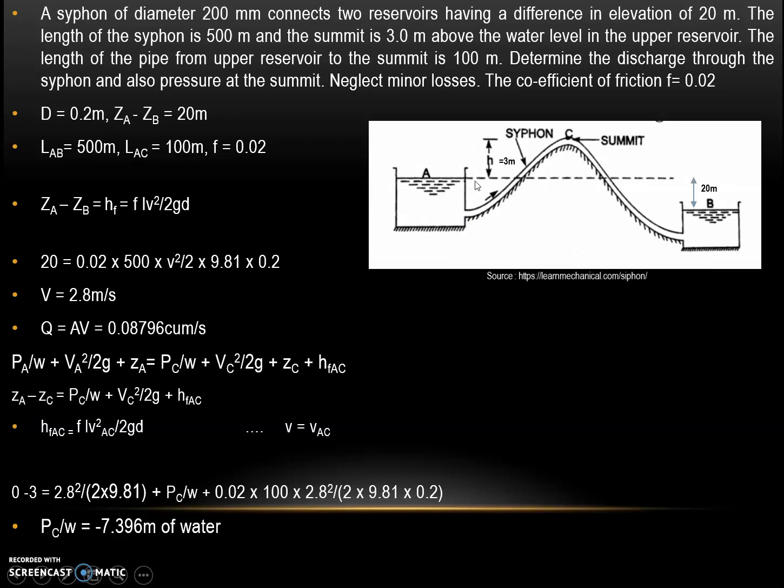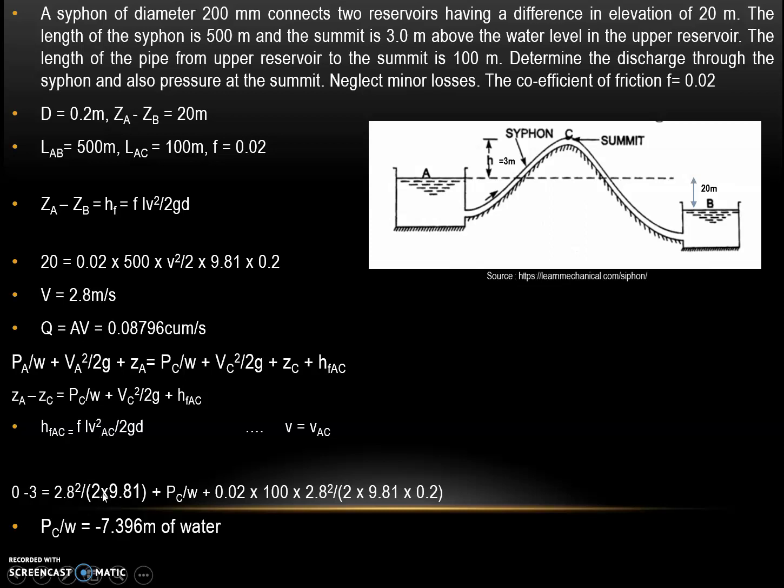And let us consider that the datum line is passing through point A itself. So ZA will be equal to 0 and ZC will be 3. So ZA minus ZC is equal to 0 minus 3, which is equal to VC square divided by 2G.